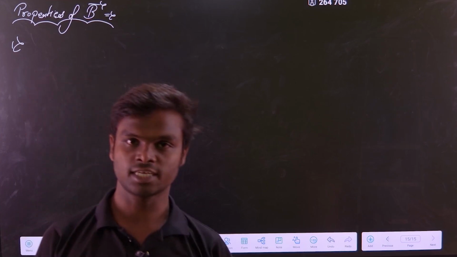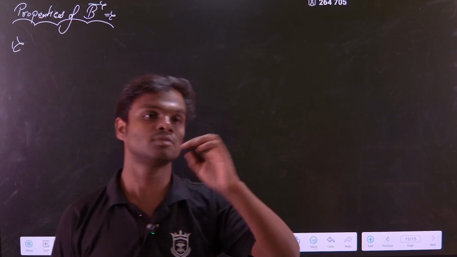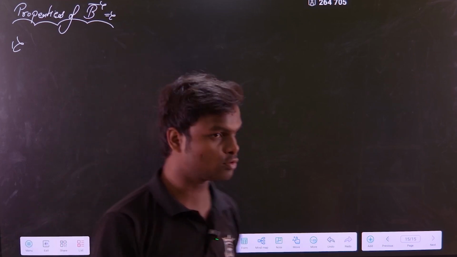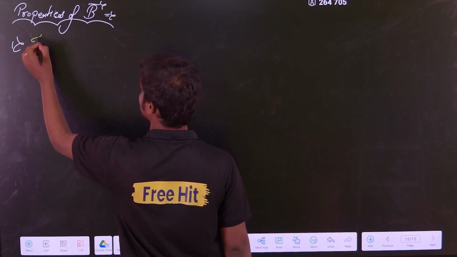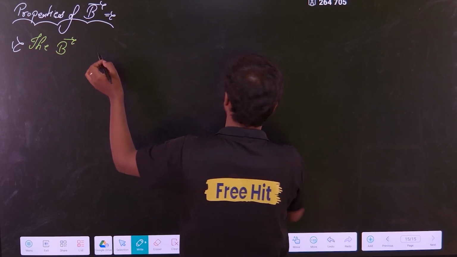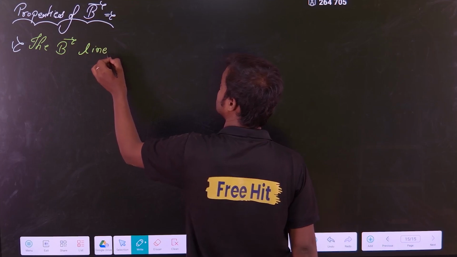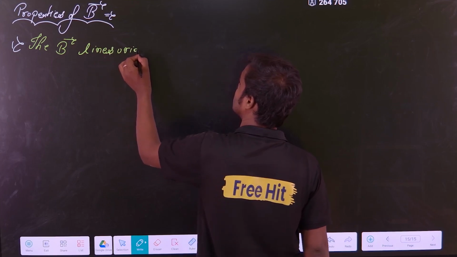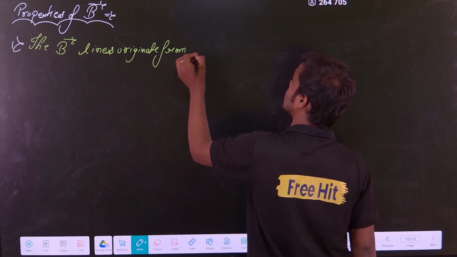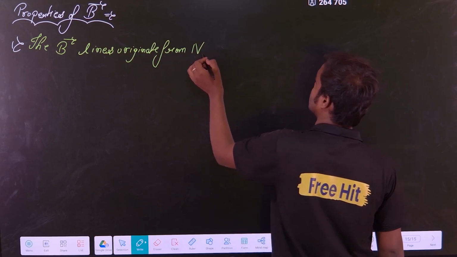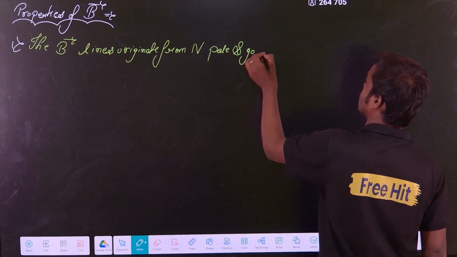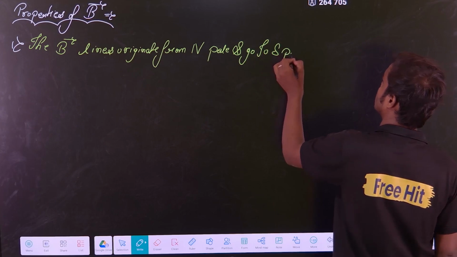In the magnet case, the magnetic field lines originate from the north pole and go to the south pole, outside the magnet. Remember that it is outside the magnet. So the first property is that the magnetic field lines originate from the north pole and go to the south pole.